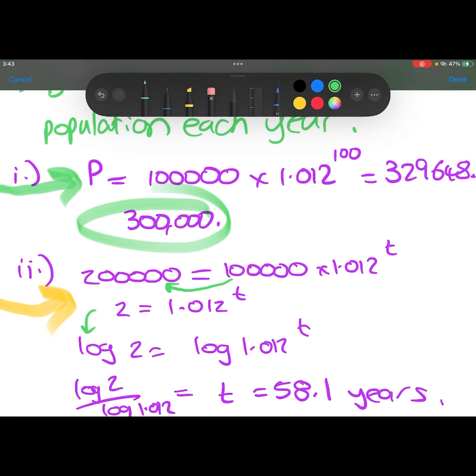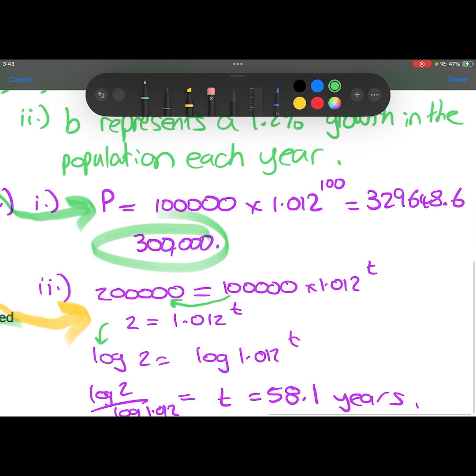I've then taken logs of both sides. So log of 2 and log of the 1.012 to the power t. I can then take this t and bring it down here using the laws of logarithms, which then allows me to divide both sides by the log of 1.012, which gives t as 58.1 years.